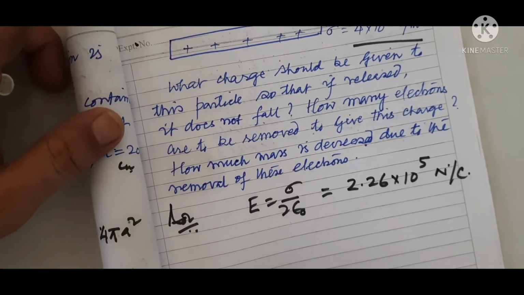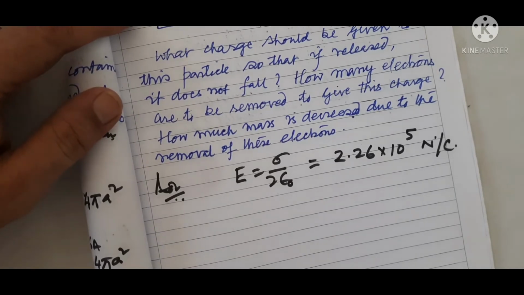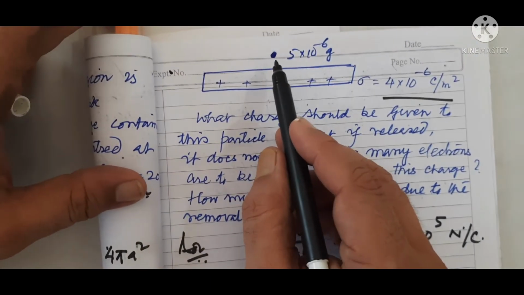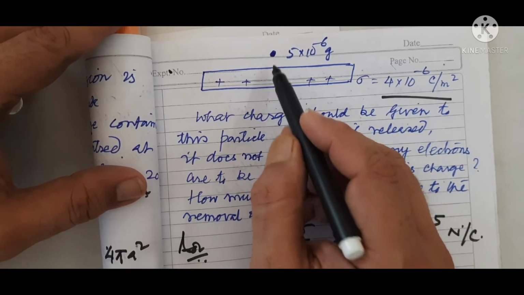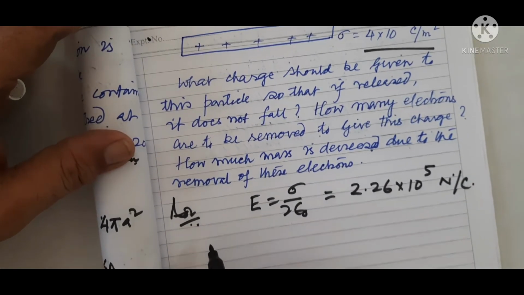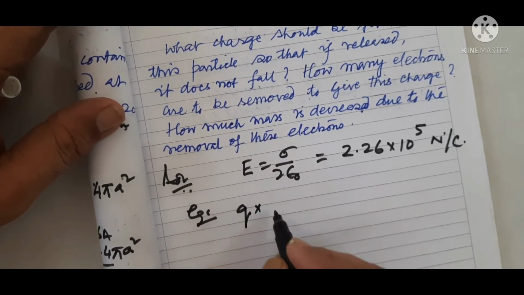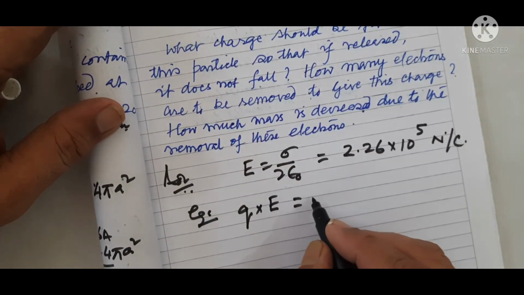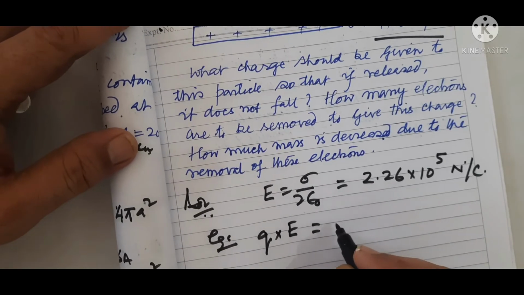Now, what should be the next point? If the charge is given to this particle, the mass is also there. So m into g, the weight, is going to be balanced with the force exerted. How are we going to write the equation? Charge into electric field intensity, the force experienced upward, should be equal to the weight of the particle downward, that is m into g.